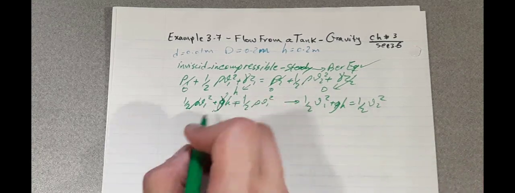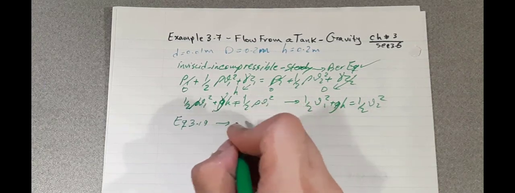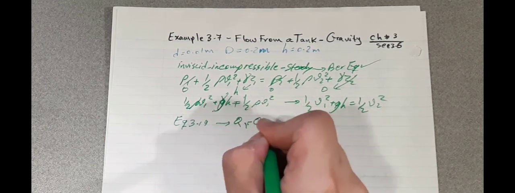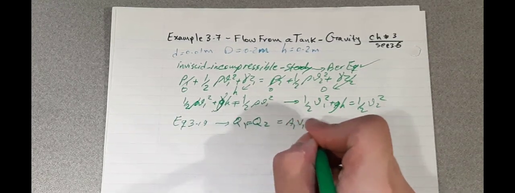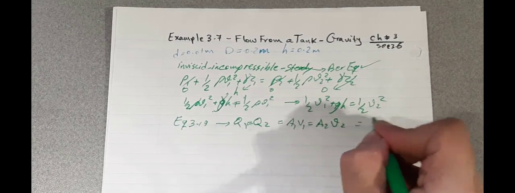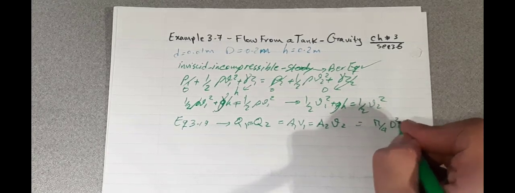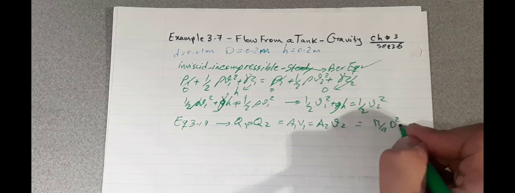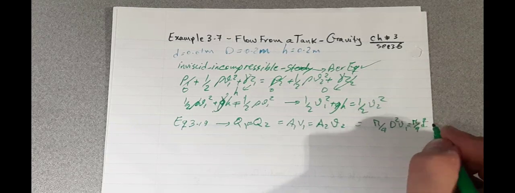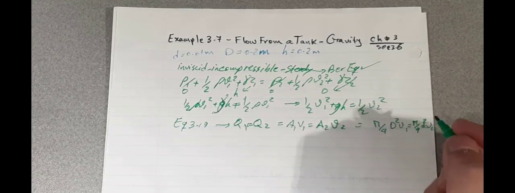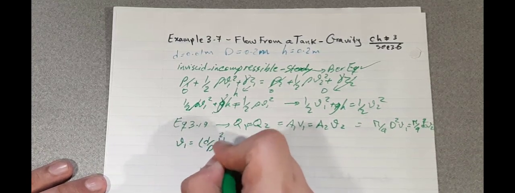This means we can use the continuity equation from equation 3.19: Q1 is equal to Q2, which means A1 V1 is equal to A2 V2, which is π/4 D capital to the power 2 V1 equal to π/4 D small to the power 2 V2. We can have V1 as (D over D capital) to the power 2 V2.